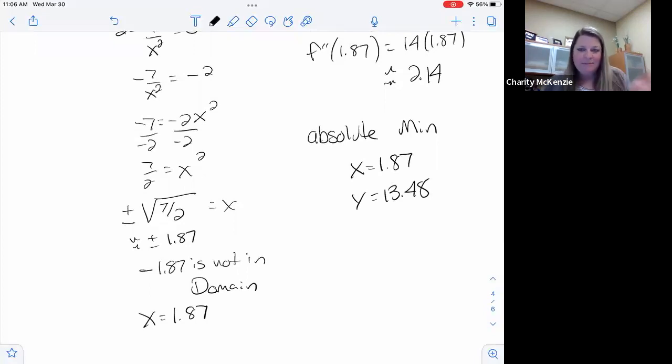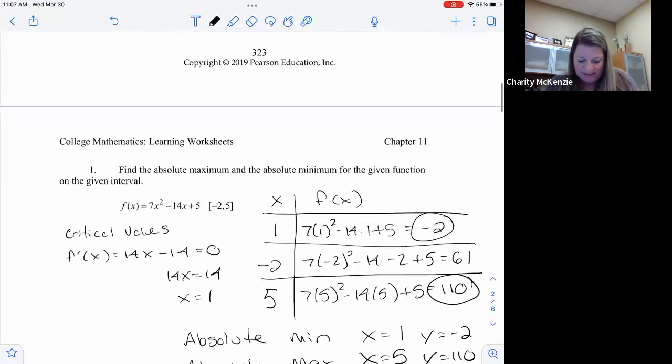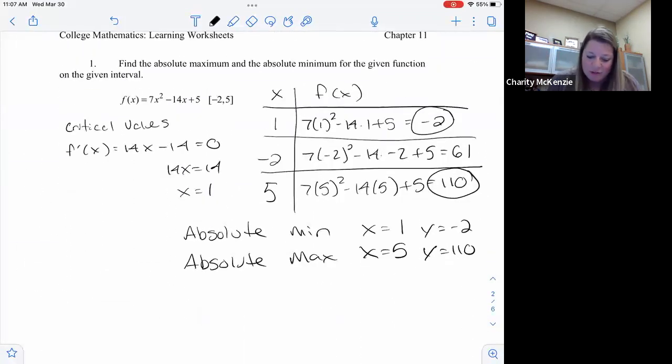So absolute max and min, if there's endpoints, square brackets, you have to also include those ones. A lot of them only have one critical value that you're looking at. But if you have more than one, then you have to look at the y values to decide which one's bigger or not. So if we just go up to this first problem we did, we had to check all 3 of these to see which one had the highest and the lowest.